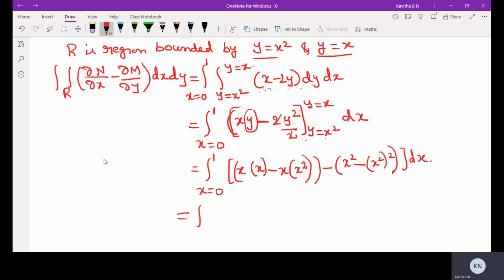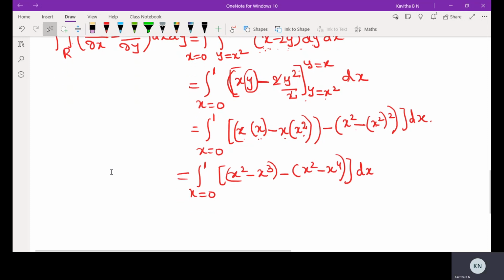Then x into x is x square, minus x into x square is x to the power of 3, then minus x square whole square is x to the power of 4, dx.